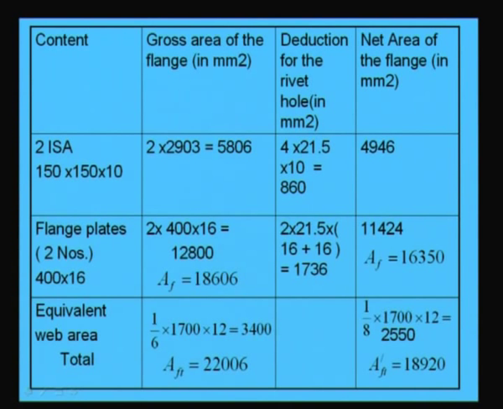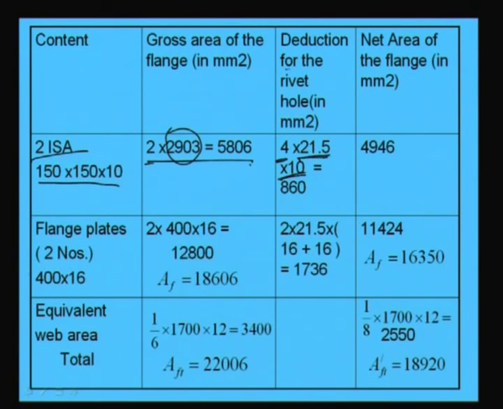Like say ISA 150 by 150 by 10. Now, the gross area of the flange will become this. These values in fact, we are going to get from SP 6. So, 2 into 2903 which will become 5806 millimeter square, and the deduction for the rivet hole will become 4 into 21.5 into 10 mm.